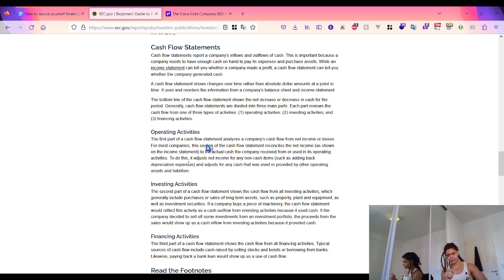And to do this, it adjusts the net income for any non-cash items, which are items that affect the income statement, but there is no cash transaction. So, for example, stock-based options, amortization and depreciation.